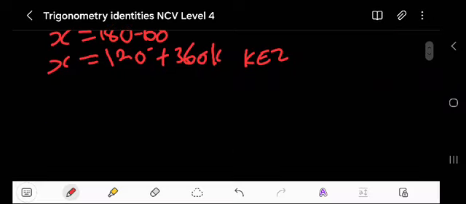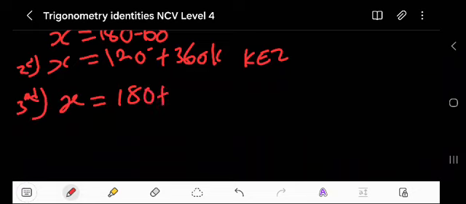Fine, this is the second quadrant, so on the third quadrant we will have x equal to 180 plus that angle, which is 60 degrees. When I add, I'll have 240 degrees.